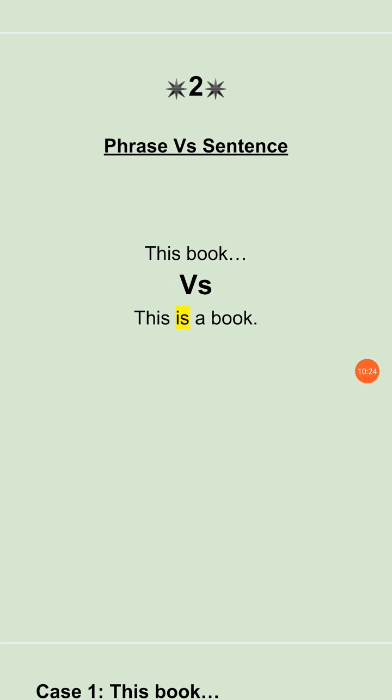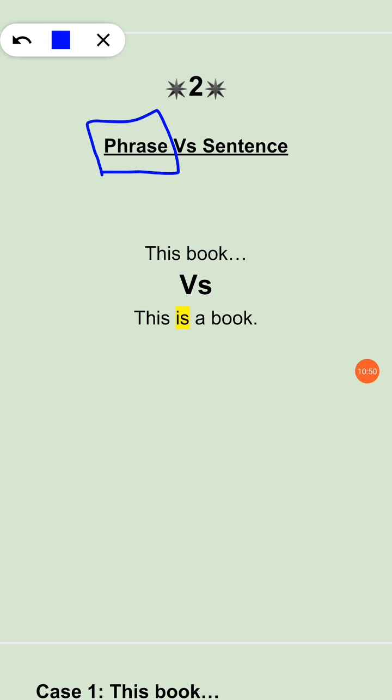It tells us we can determine whether it's a phrase or a sentence. Now, you need to know what is a phrase and what is a sentence. They differ from a very important perspective, actually. A phrase is a collection of words that still doesn't fulfill its meaning completely.